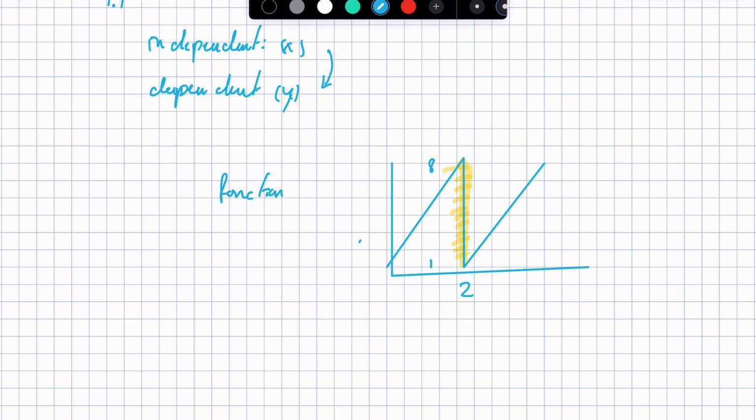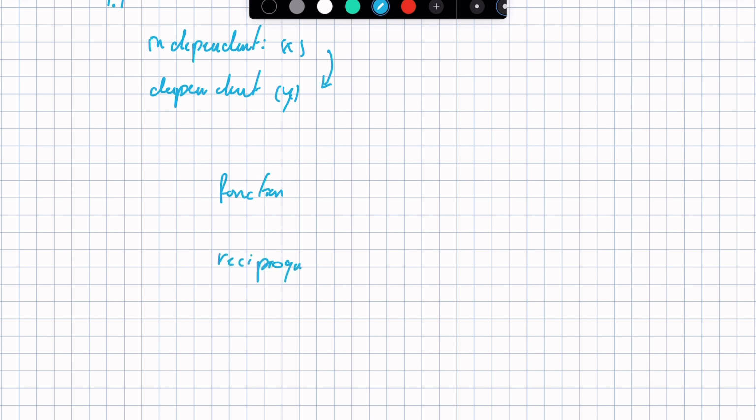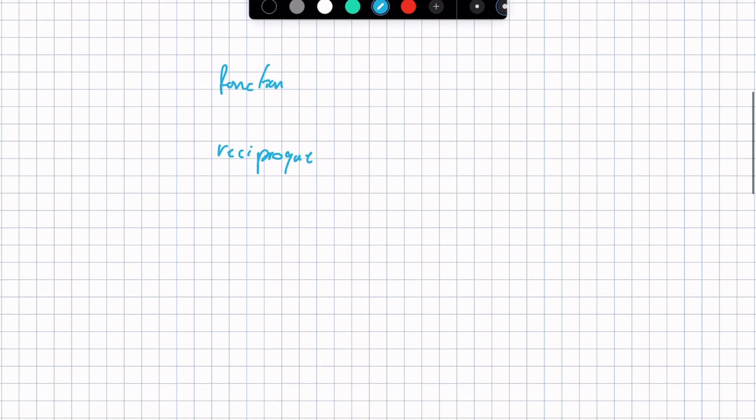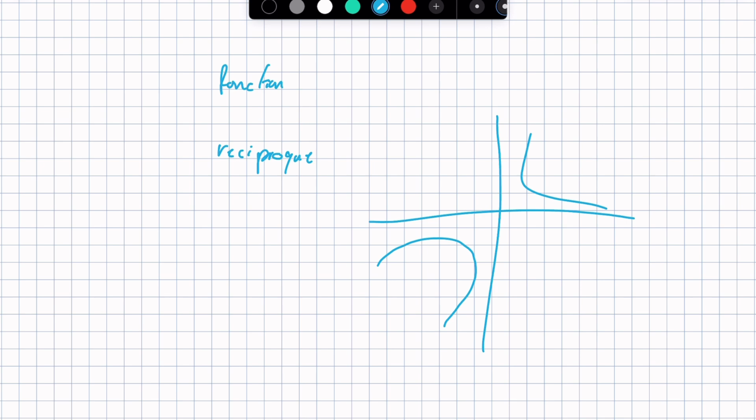Next is réciproque. Réciproque, c'est l'inverse. Ça veut dire l'inverse des fonctions. So it should be something like this. Okay? So when you flip the X, Y égale à X plus B, you flipped it.